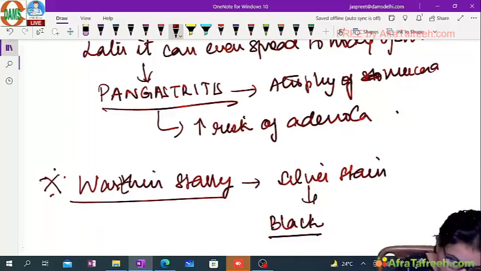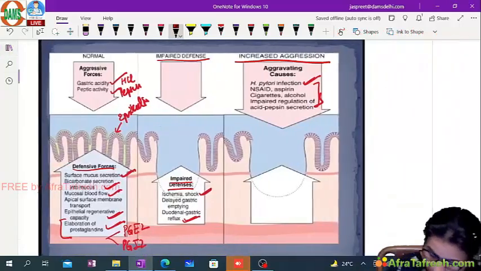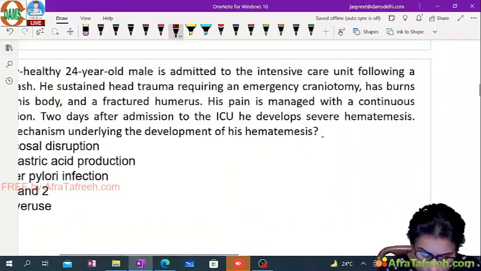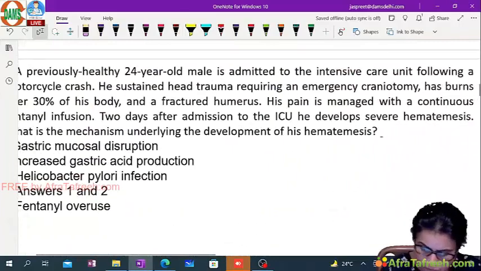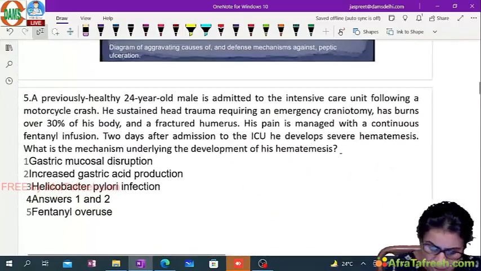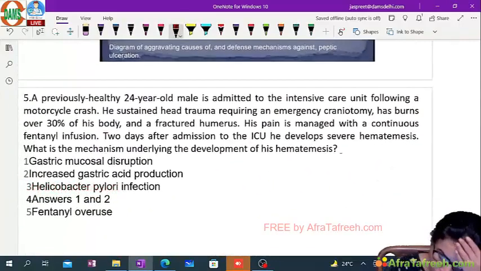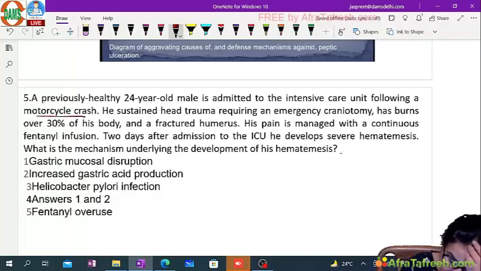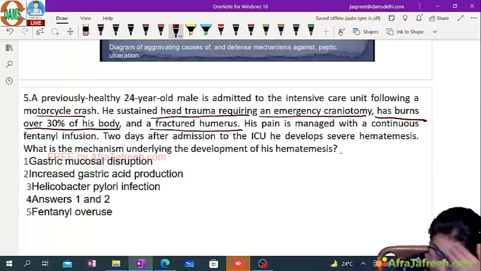So let us see this picture. Okay, look at this question first, then we look at H. pylori. A previously healthy 24-year-old male is admitted to the ICU, intensive care unit, following a motorcycle crash. He has sustained a head injury requiring an emergency craniotomy, has burns over 30% of his body, and has fractured his humerus.